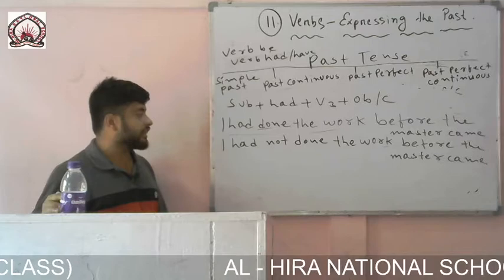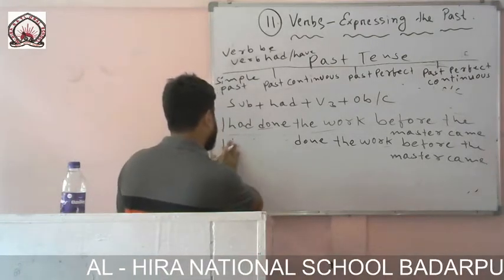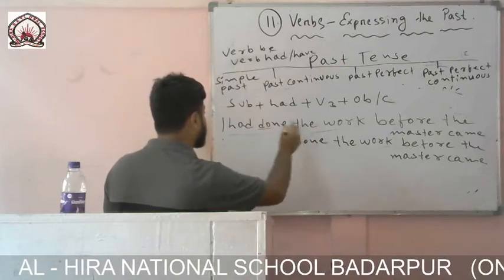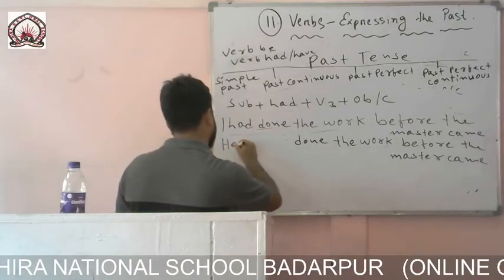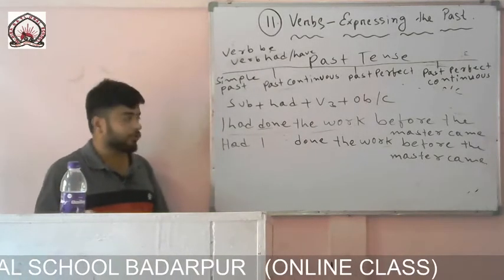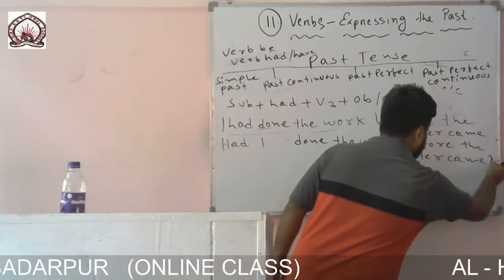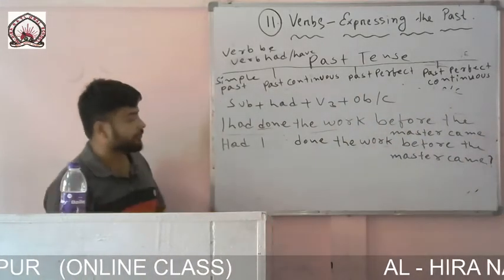Now if I want to change this to interrogative, then what will I do? Had I done the work before the master came? H-A-D, had I done the work. If it is interrogative, then there is a question mark at the end. Had I done the work before the master came?